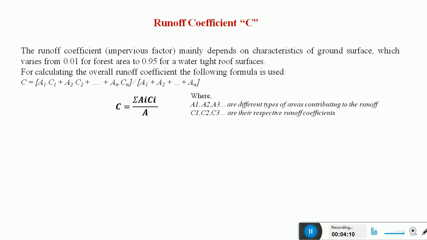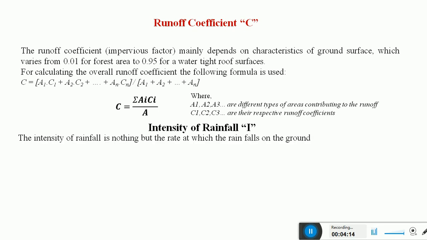In that case, we will estimate the coefficient of runoff by using this equation, that is summation of A into C divided by all the area. Here A is the area of the drainage and C is the coefficient of runoff for that particular surface.